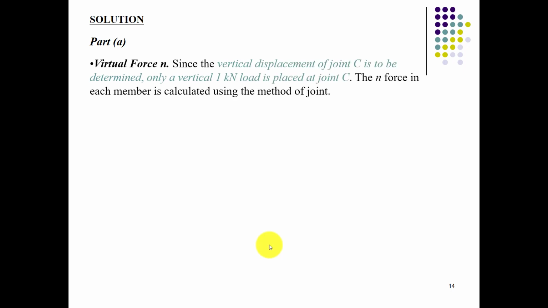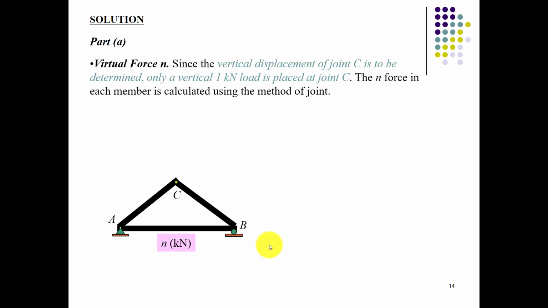So you have a virtual work force of N acting upon point C. We want to calculate the joint displacement at point C, so we apply a vertical 1 kilonewton virtual load, and then we calculate the response of these 3 bar elements by the application of the 1 kilonewton virtual load.